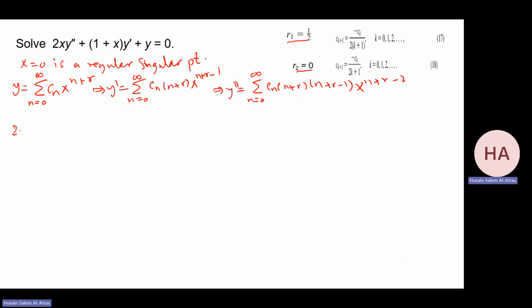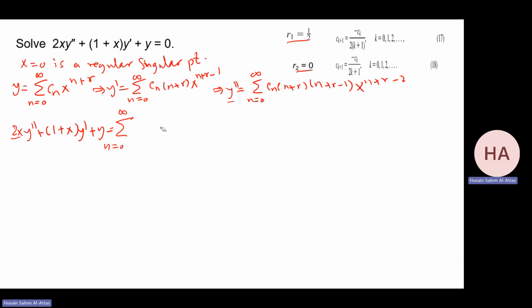Now the equation: I have 2x y double prime, plus 1 plus x times y prime, plus y. I need to multiply 2x by y double prime.